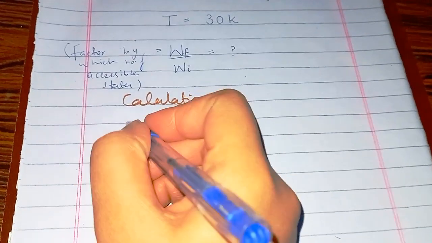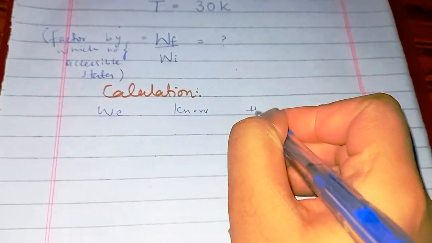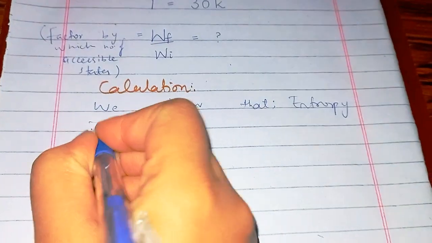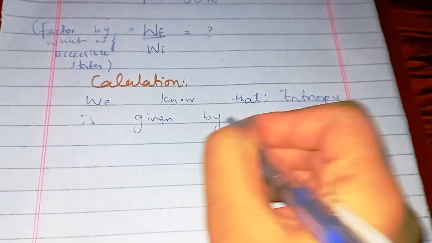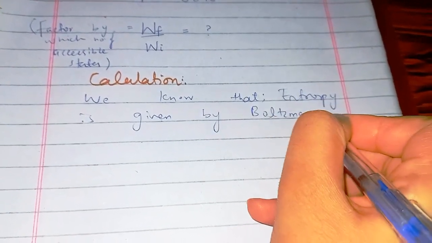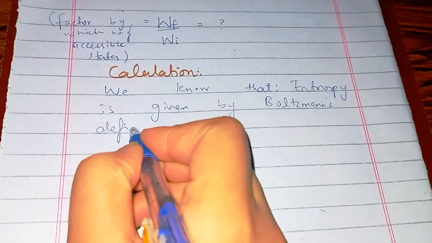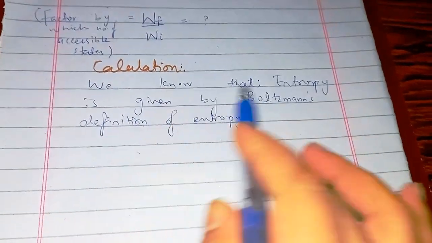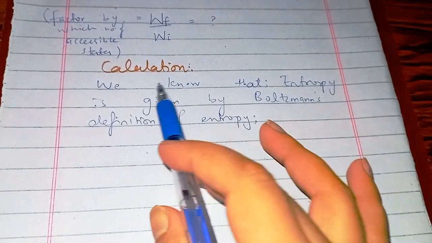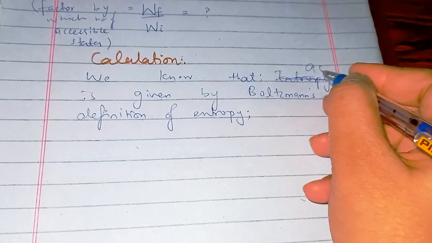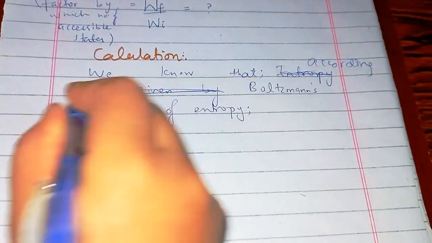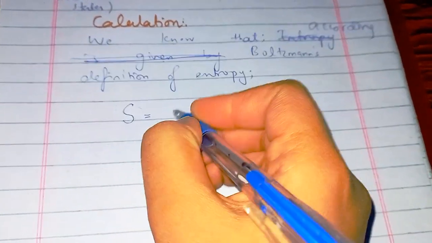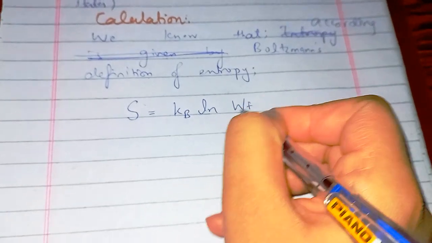So we know that entropy is given by the Boltzmann relation, or you can say according to Boltzmann's definition of entropy, that entropy equals Kb natural log of Wf by Wi.